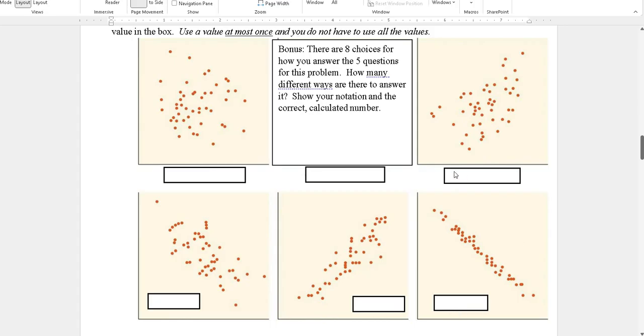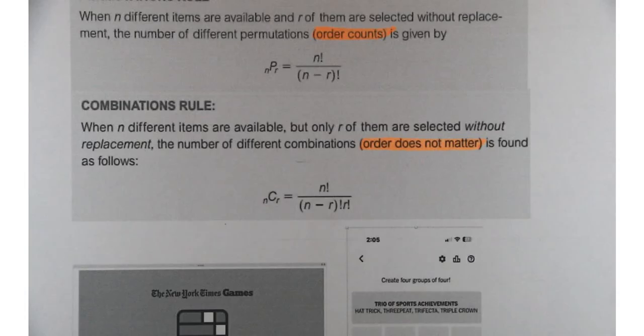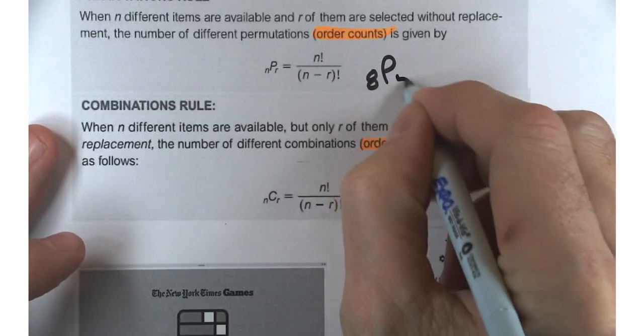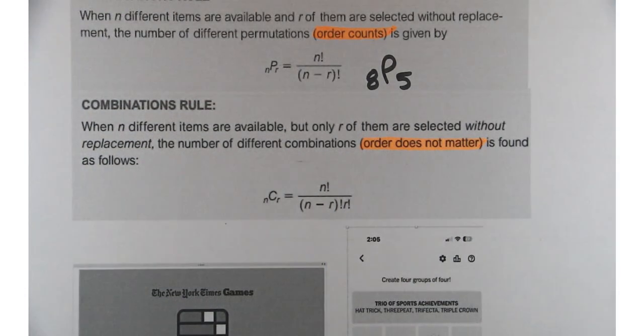Would that be the same as putting a -0.95 here, a 1 here, a -1 here? Would those be different answers? Yes. And one of them could be right and one of them could be wrong. So the order definitely matters there. So in that case, what would we do? Would we do permutations or combinations? Permutations. So why don't you take out your favorite tech, whatever you're going to use, and try calculating 8P5.